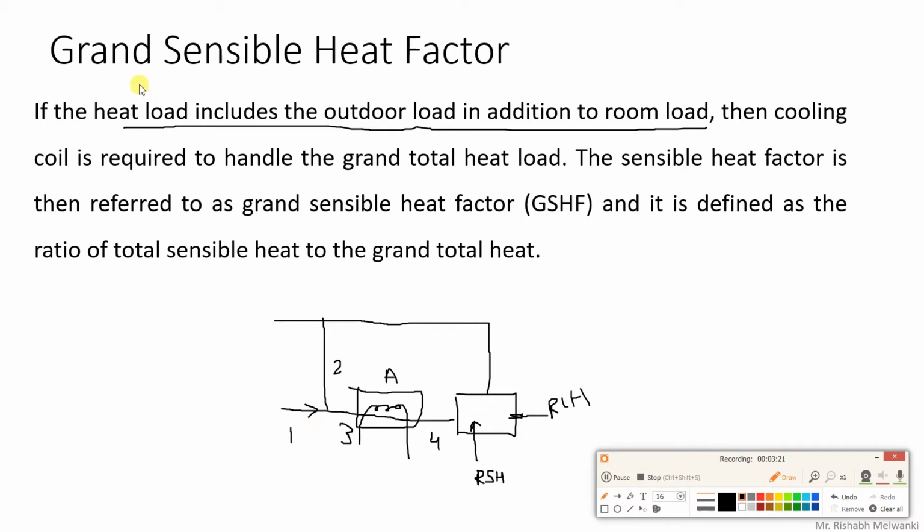So that is called this grand total heat. So what is this factor? The sensible heat factor is referred to as grand sensible heat factor, and it is defined as ratio of total sensible heat to grand total heat.